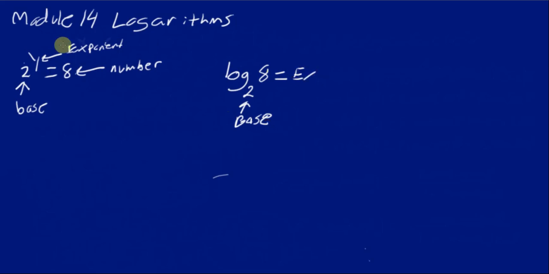The exponent is y. So every log is equal to an exponent. So we take the log of a number, and every log will have a base, and the log is equal to an exponent.